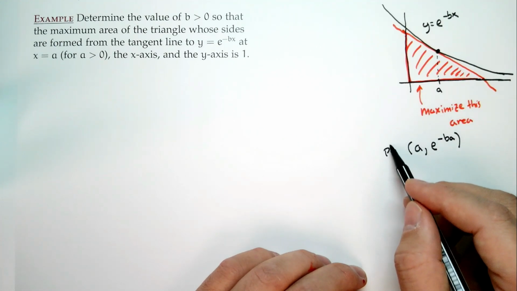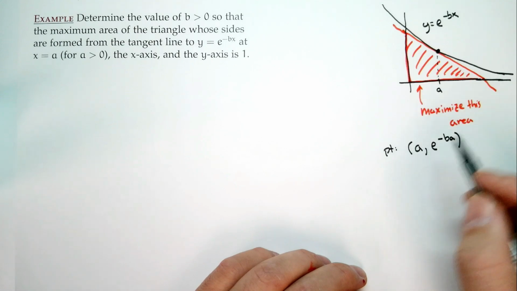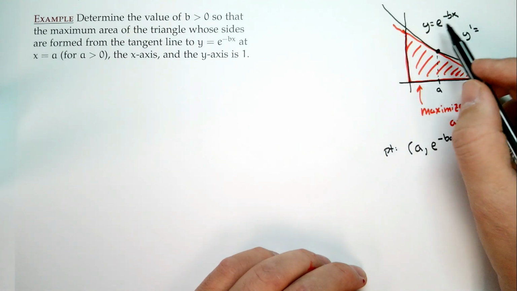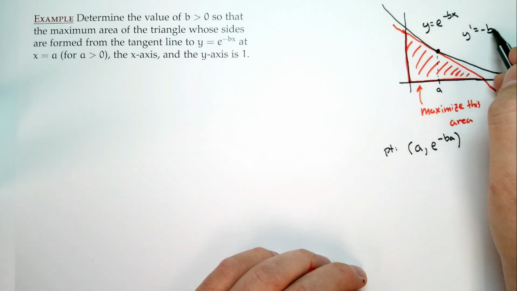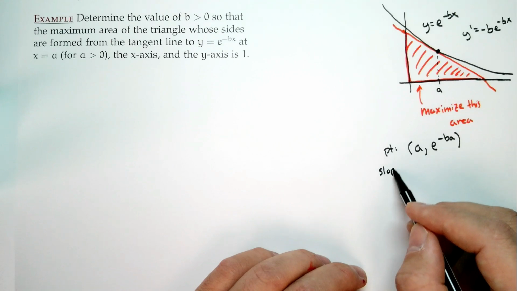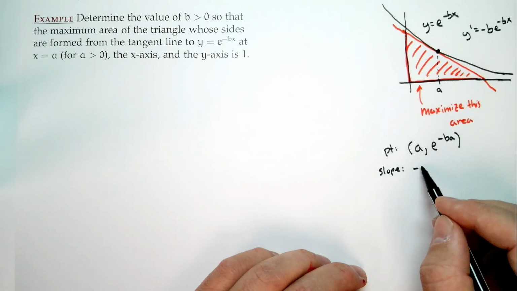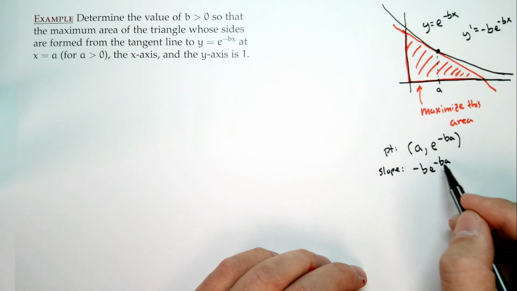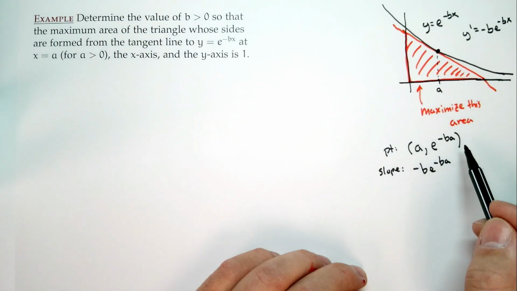So there's the point. For the slope, you'd use the derivative, which is negative b e to the minus bx. So the slope would be minus b e to the minus b times a. Now I have both my point and my slope.